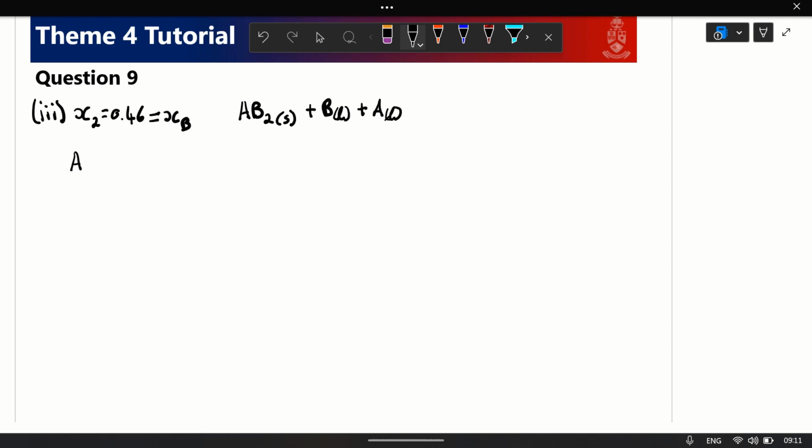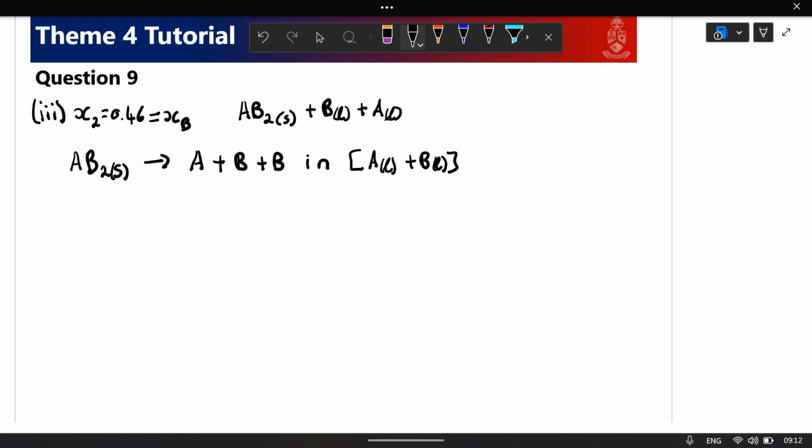It is present, but the question is essentially asking how much AB2 solid is present in the liquids. So we can think of it as AB2 solid dissociating into A plus B, its components, in the A liquid plus B liquid. That's the image you have to have in your mind.